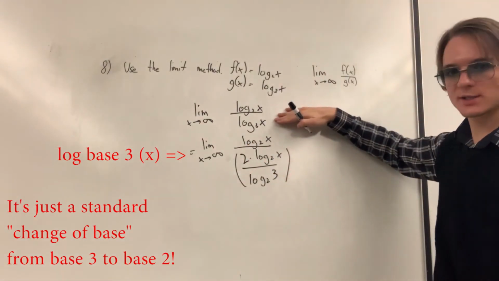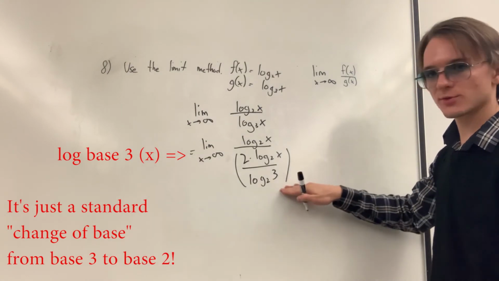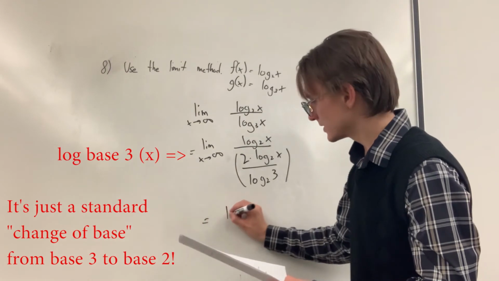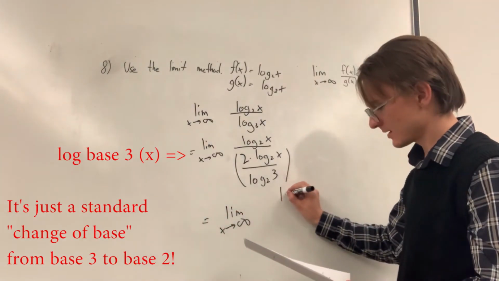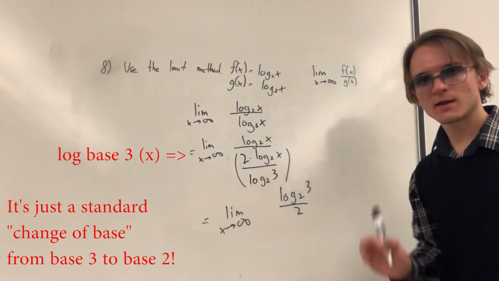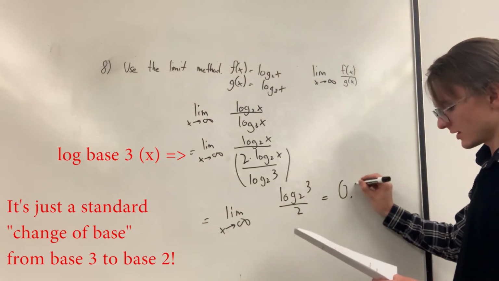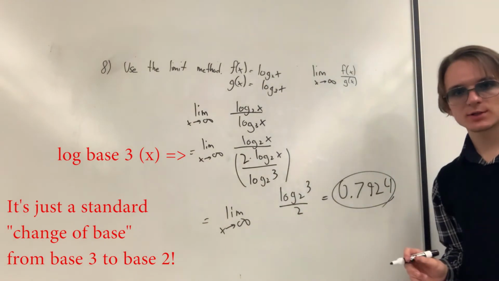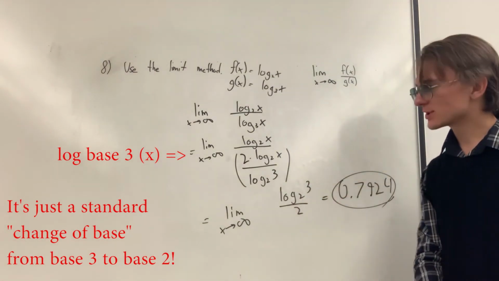So this log base 3 of x becomes log base 2 of x all over log base 2 of 3. All right, so from there, this is just equal to the limit as x goes to infinity of log base 2 of 3. And if we did the math here, we would get that this is equal to 0.7924, which would be our solution. And how did I get this? Well, you're just gonna have to trust me here.